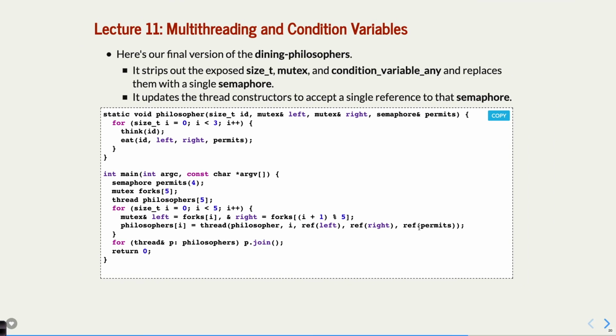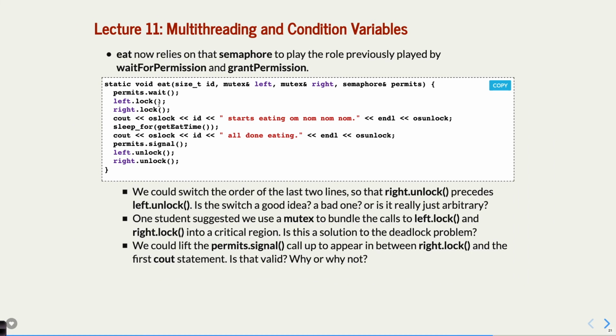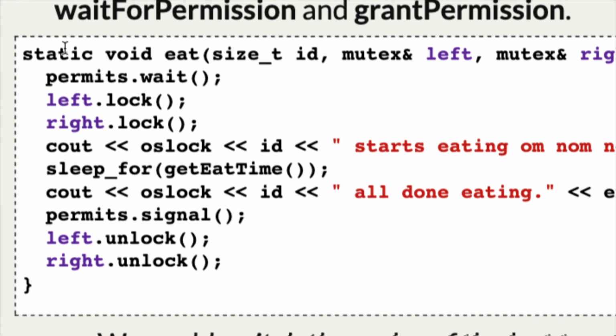Okay, and everything else stays the same, except now we don't need to call a particular function on this. We've got the semaphore, which is doing all of that checking for us. So we just say permits.wait. What does that mean? It will wait until there is at least one permit available.